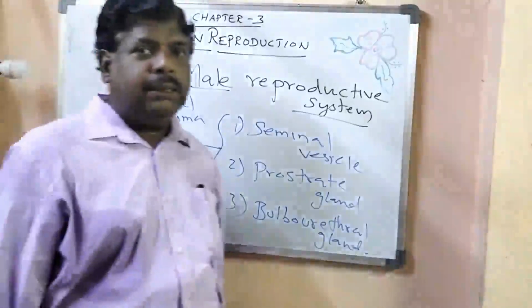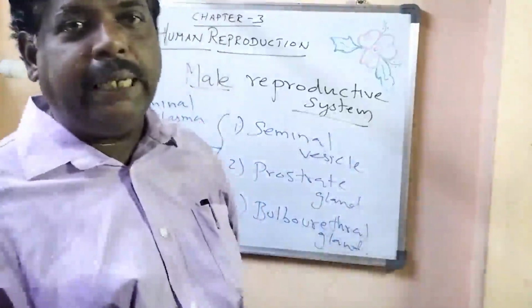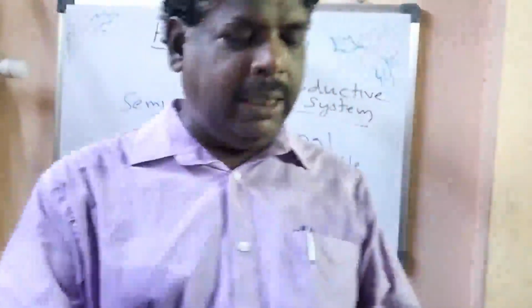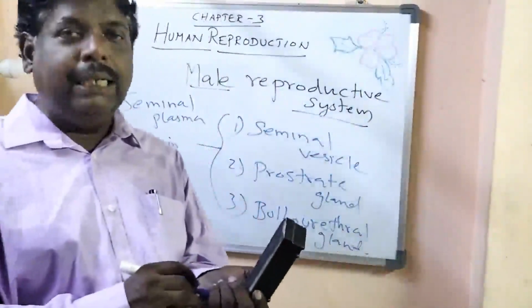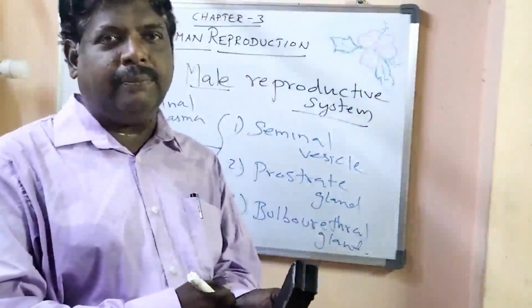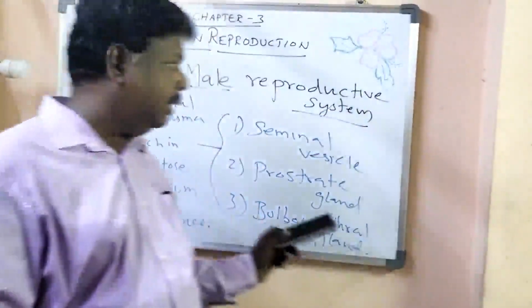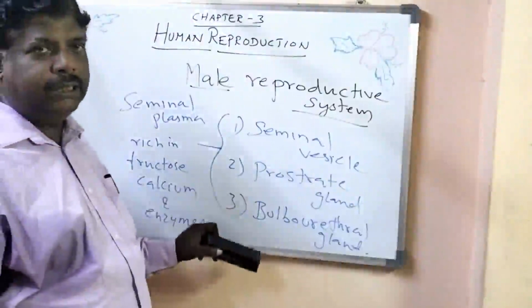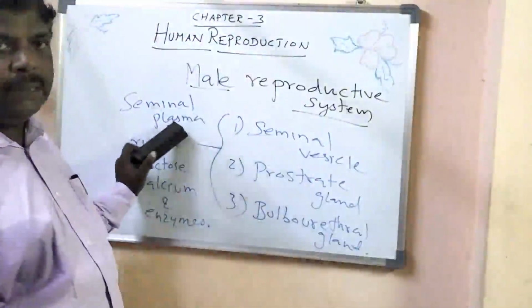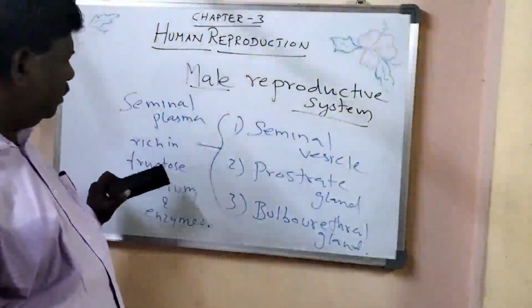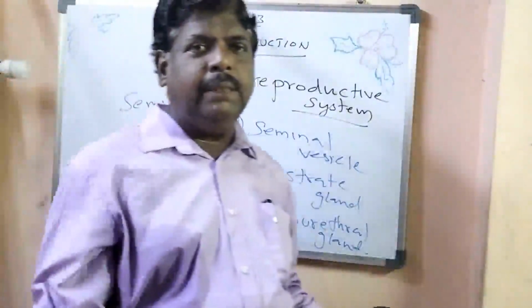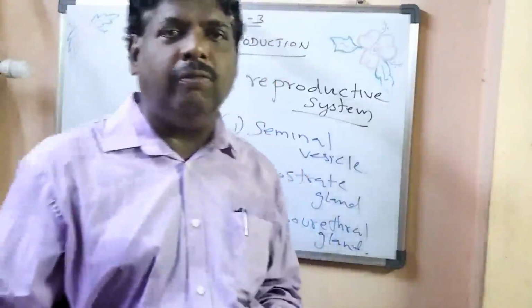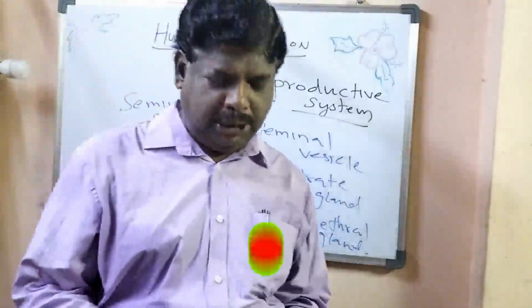This seminal plasma will lubricate the penis, especially for insemination purposes. So that is the function of all these glands. They produce seminal plasma, a juicy substance rich in fructose, calcium, and enzymes that lubricates the penis and helps in the insemination of sperms into the genital tract.